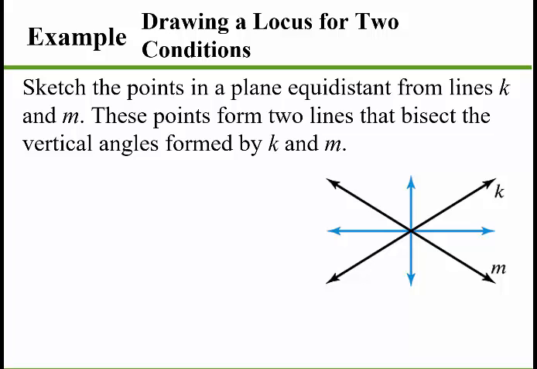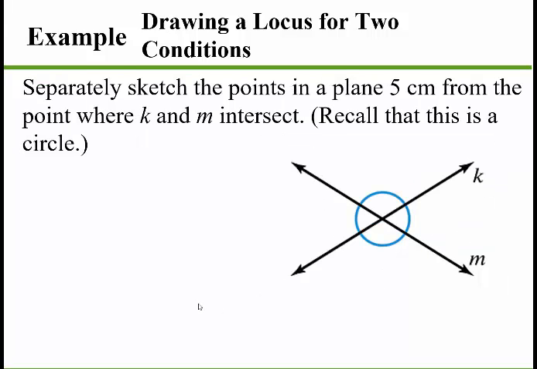First, I sketched the points in a plane equidistant from K and M. These points form two lines that bisect the vertical angles formed by K and M. So this line and this line satisfy the first condition, and the black lines here are K and M. Then separately, let's sketch the points in the plane 5 centimeters from the point where K and M intersect.